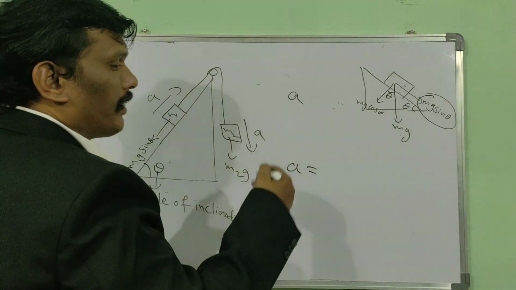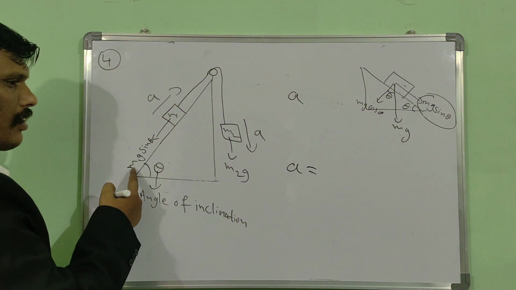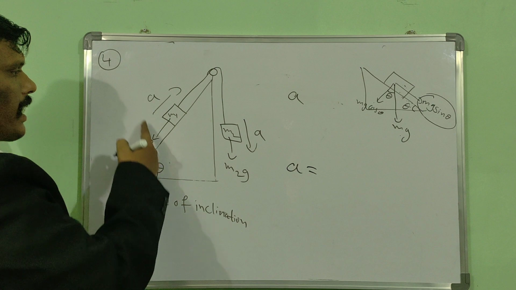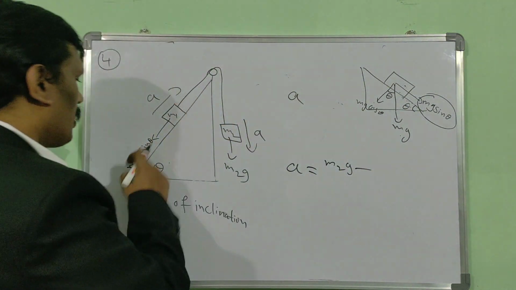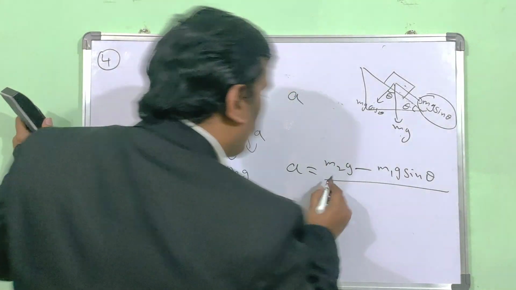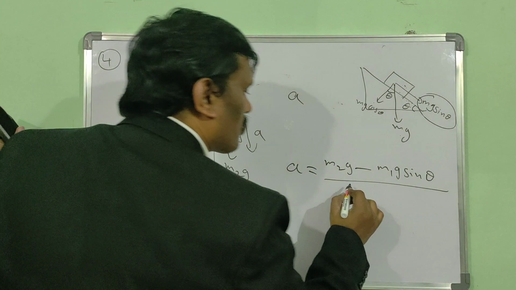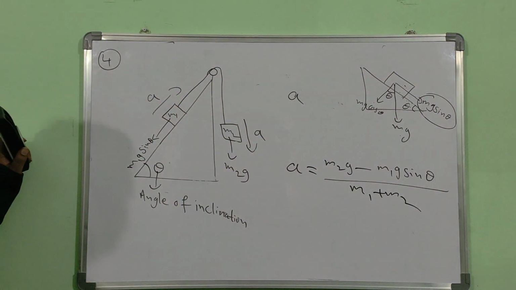Then how to write the net weight in the direction of acceleration positive? From that weight, I need to subtract this weight, because this weight is acting opposite to the acceleration. That's why a = (m2g minus m1g sin theta) divided by the total mass of the system, m1 plus m2. This is the acceleration of the system.